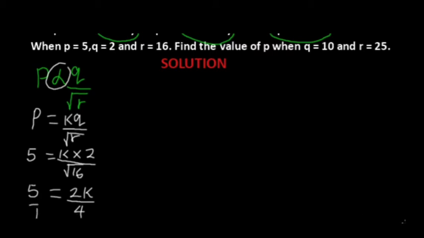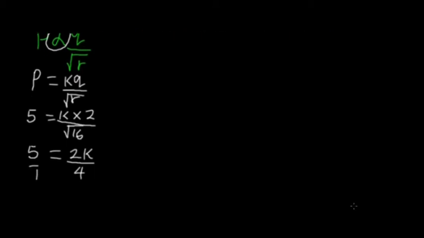So if you cross multiply, you will be getting 2K times 1, that gives us 2K, equals 5 times 4, that is 20. So what are we going to do? Divide both sides by the coefficient of K, and that is 2.